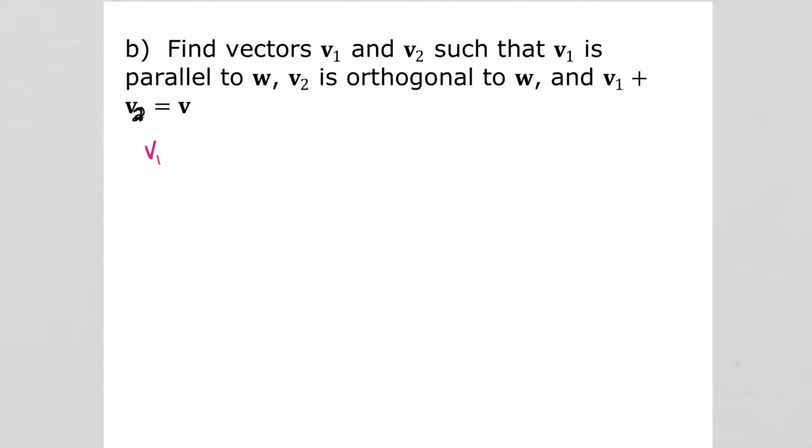So back to our example, we've already found v sub 1 because v sub 1 was the projection of v onto w. And we already found that to be 7/2 i minus 7/2 j. So now what we need is v sub 2. v sub 2 is v minus v sub 1.